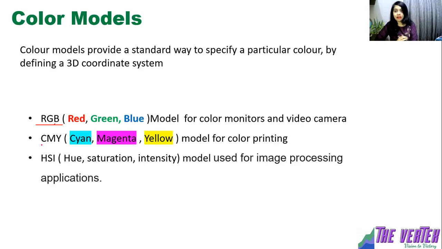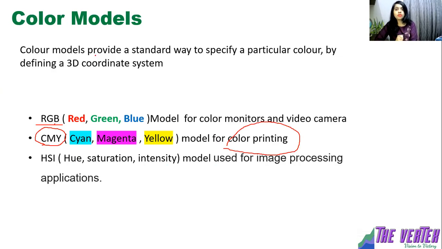The second color model is CMY, which stands for cyan, magenta and yellow. This color model is used for color printing. And next is HSI, that is hue, saturation and intensity. This color model is used in various applications of image processing.